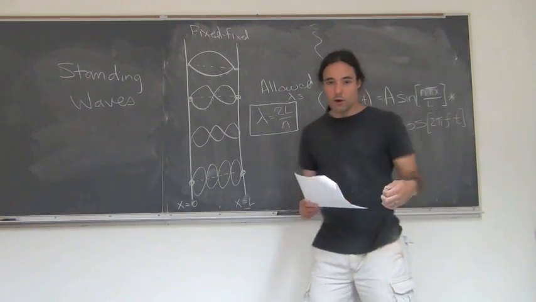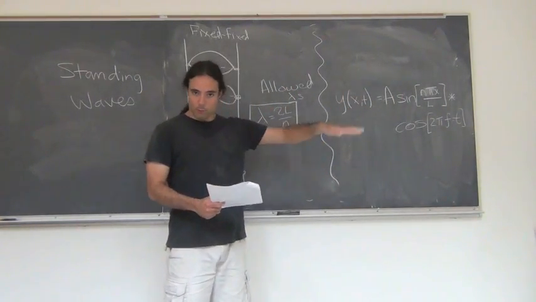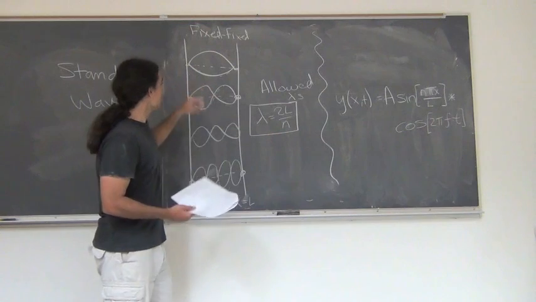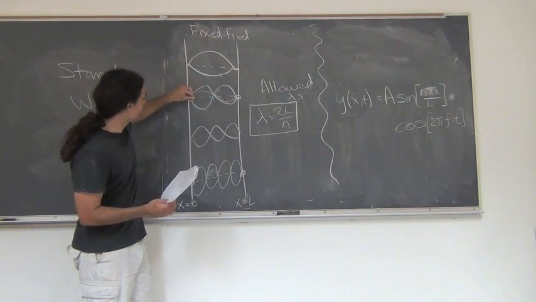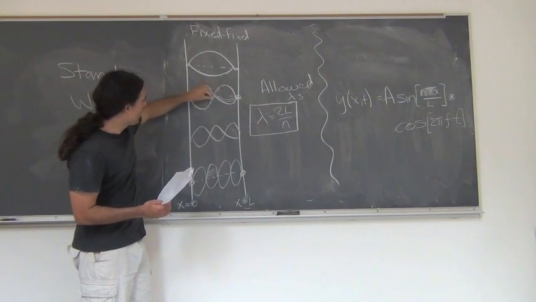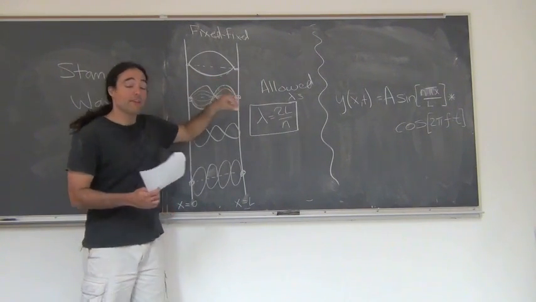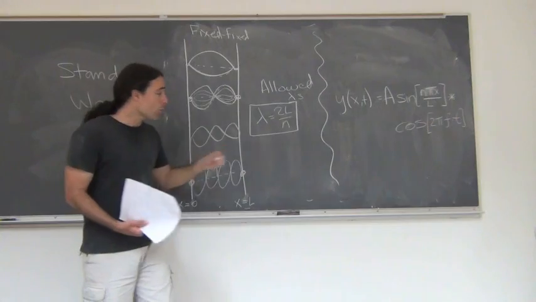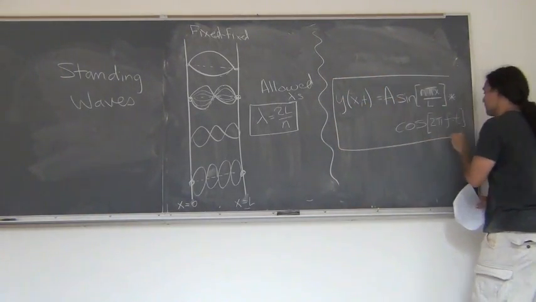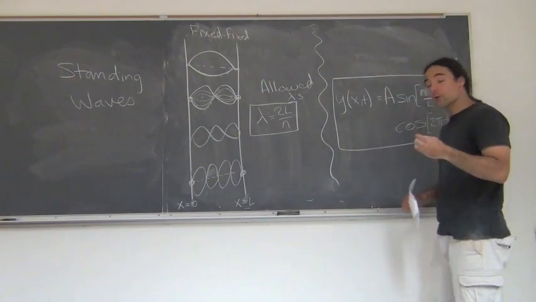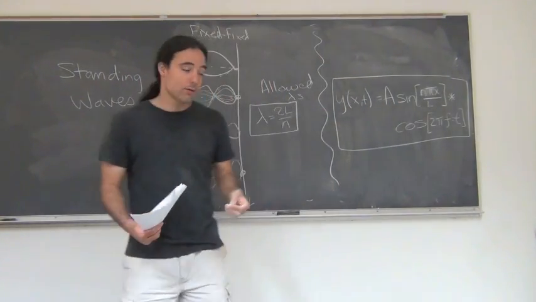It's undergoing simple harmonic oscillation, what we called the boingy motion before. Each point on these waves is oscillating, so that my wave is going down on one side and going up on the other side. This equation accurately describes that motion.